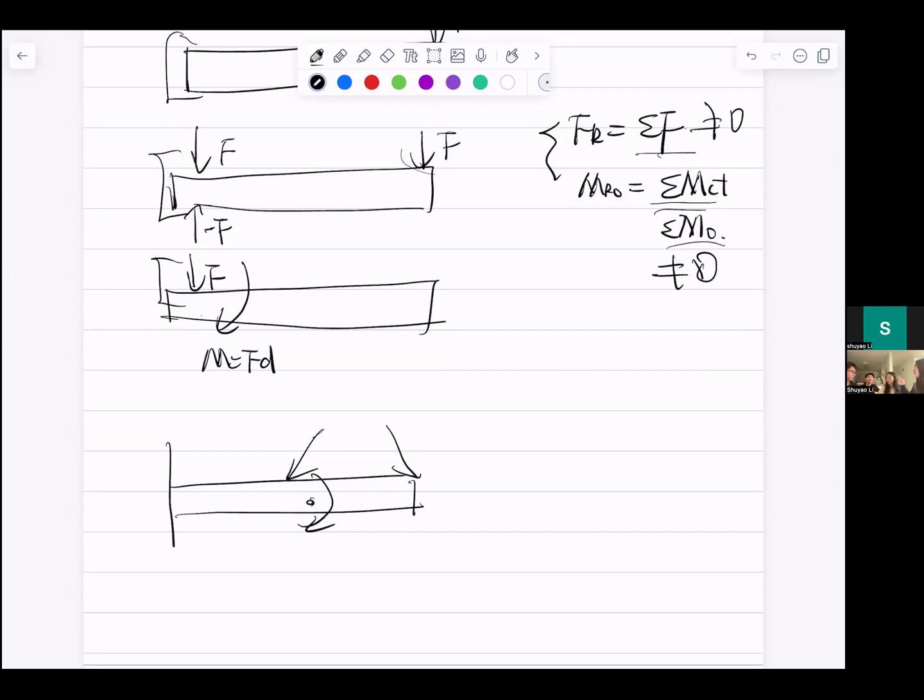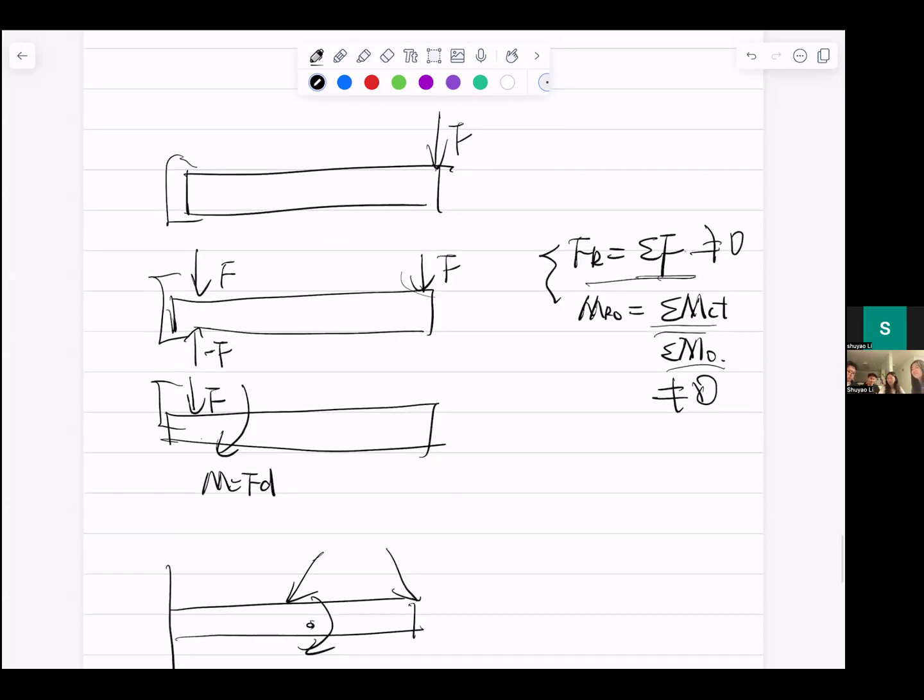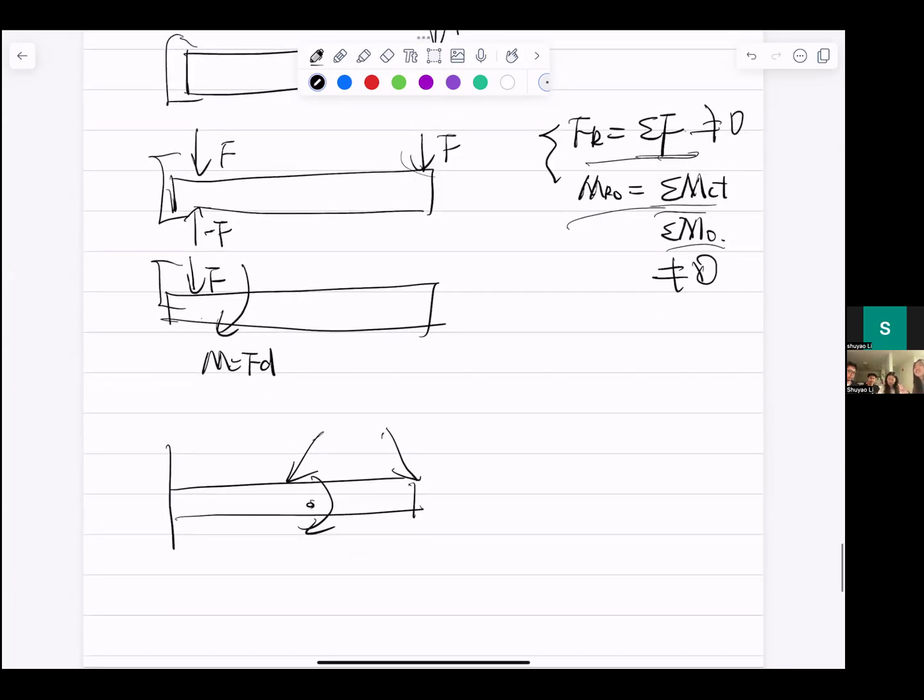So there are two conditions, and they all have to be equal. For this one, if we want to find the equivalent force, we add up those two forces. For the moment, we have to add up this moment and the moment caused by those two forces. All right. Thank you.